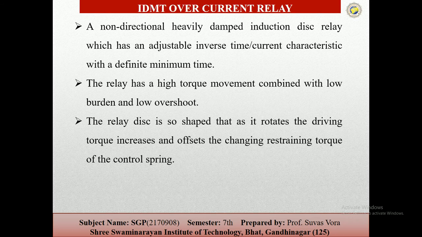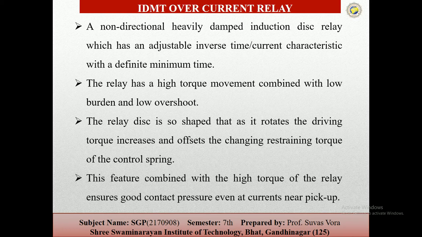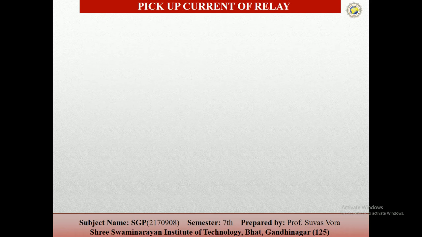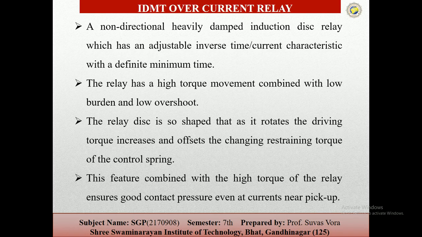The relay disc is so shaped that as it rotates, the driving torque increases and the offset changes the restraining torque of the control spring. These features combined with the high torque of the relay ensure good contact pressure even at the net pickup current. So start with the pickup current.